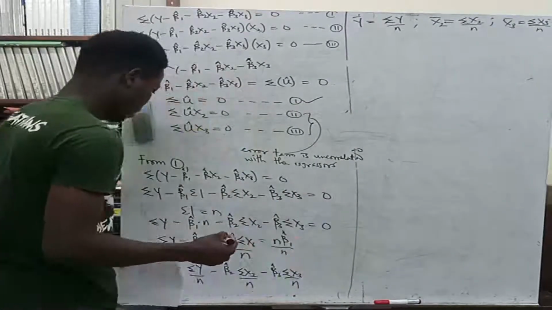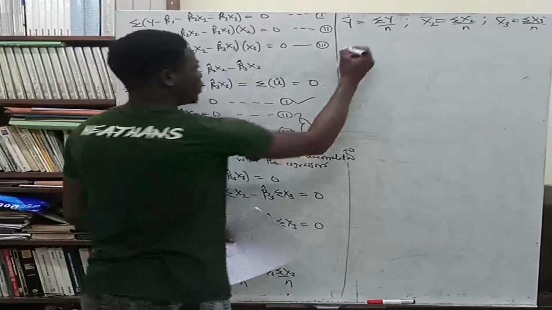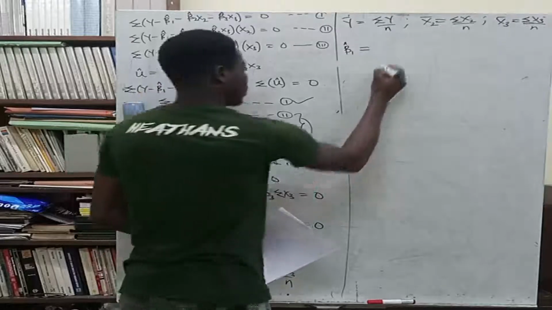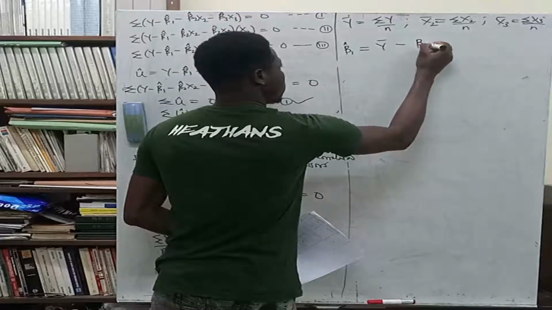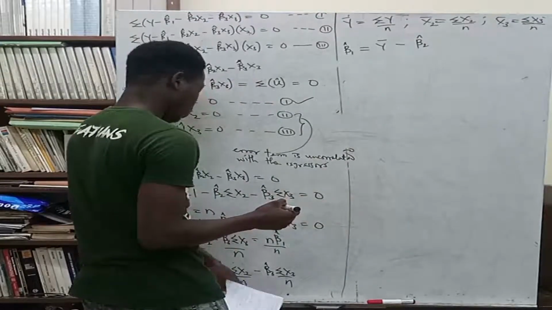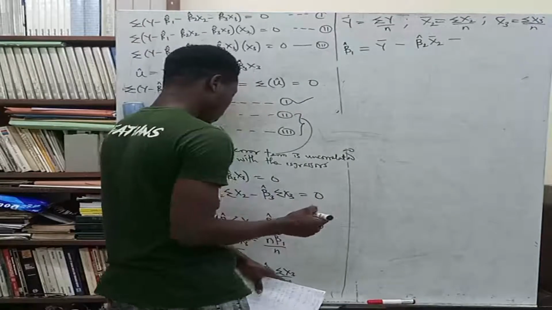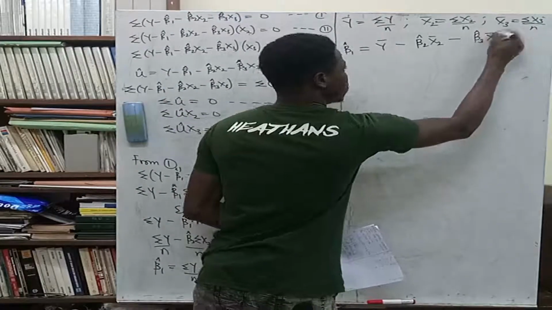So what do we do? Let's replace what we have in this. We have beta 1 hat equals y bar, which is the mean of y, minus beta 2 hat times summation x2 over n, which gives us x2 bar, minus beta 3 hat times summation x3 over n, which gives us x3 bar.